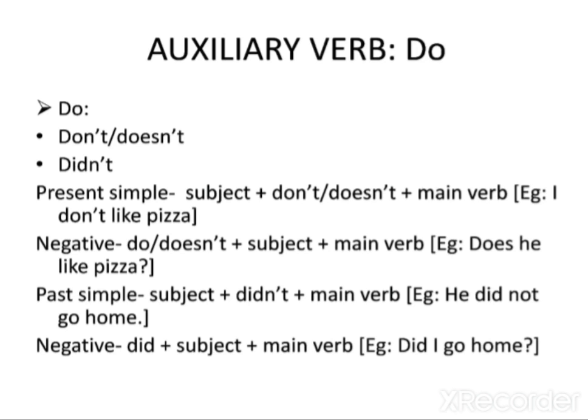Even though it is past, we actually have to use the main verb because the did or the auxiliary verb tells us it's a past tense, not a present tense. So main verb must be used. So did and did not. Did not in the negative and did in the question.